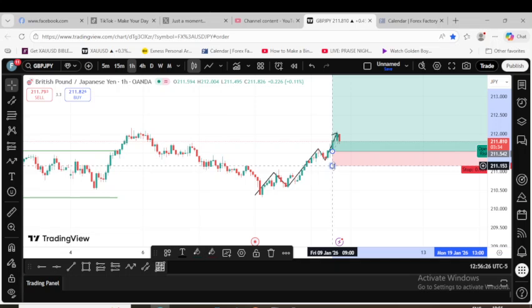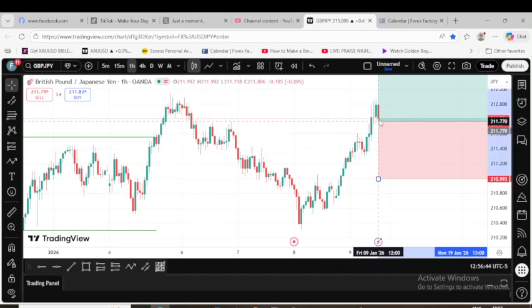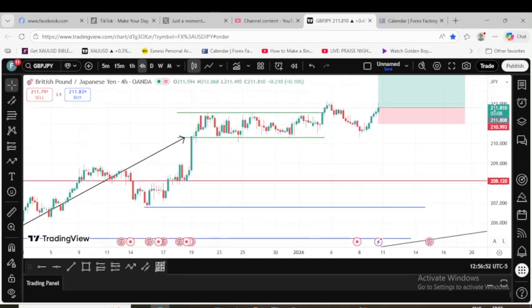Price will continue to be in an uptrend as so far it keeps breaking highs and not lows. So we can enter this trade here and move our entry here with our risk here. And then this will be our trade.